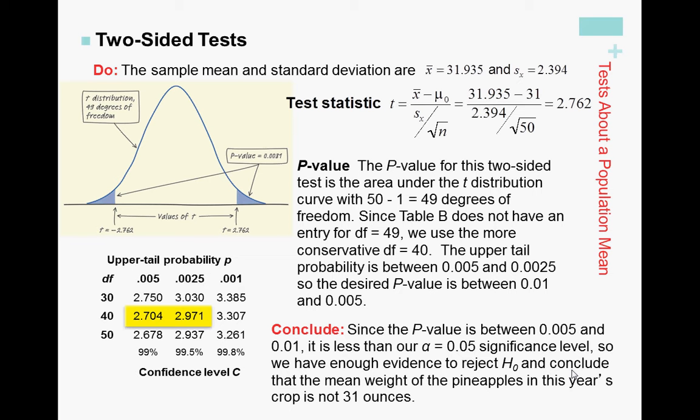So we reject the null and accept the alternative hypothesis, but make sure when talking about the alternative hypothesis you talk about it in context. They don't just say conclude to agree with the alternative hypothesis. They say conclude that the mean weight of the pineapples in this year's crop is not 31 ounces.